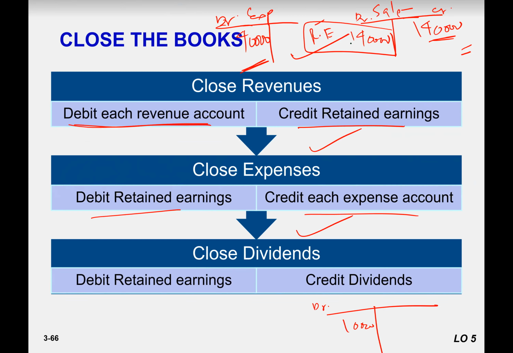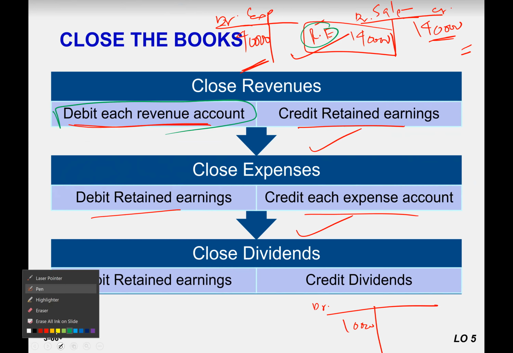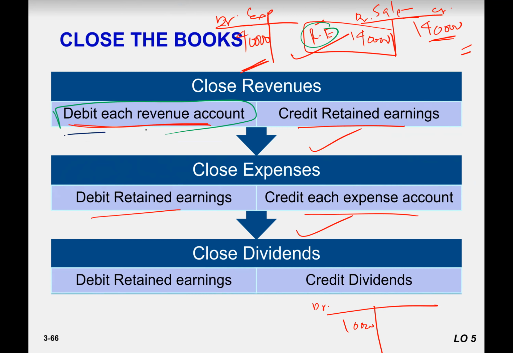Sale is debited by retained earnings. So that's why debit. Let me just change the color. I think blue is okay. See, debit retained earnings. So this entry is retained earning to sales, right? Retained earnings, credit sales.